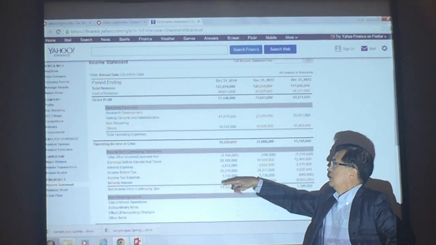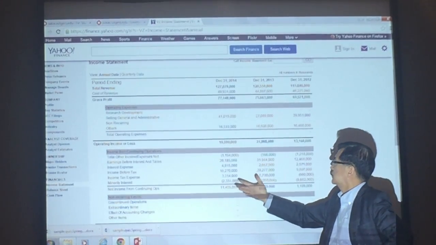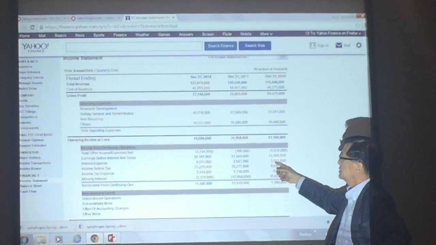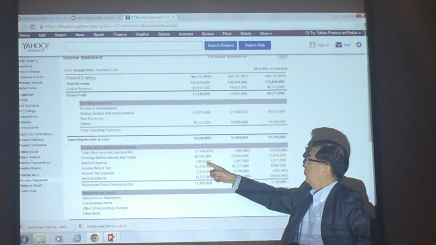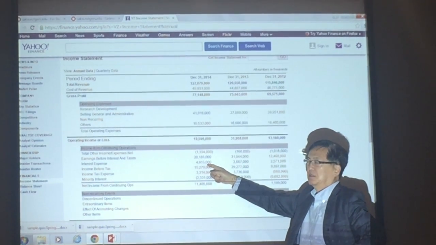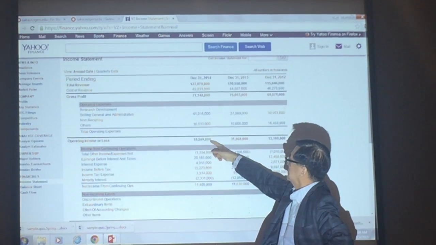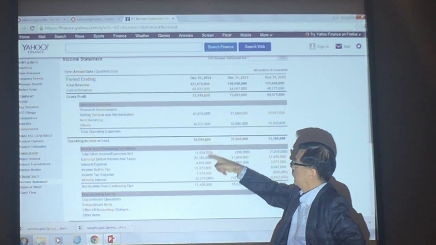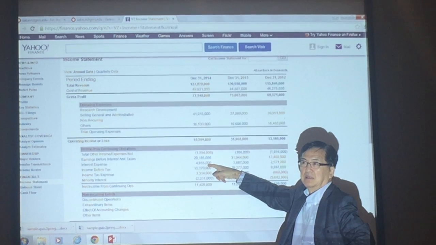First, the cost of financing, the cost of using someone else's money, is 2.5 billion interest expense, 2.6, 4.9 billion. How much are they making? Operating income is about 20 billion. 5 billion is the cost of using someone else's money.